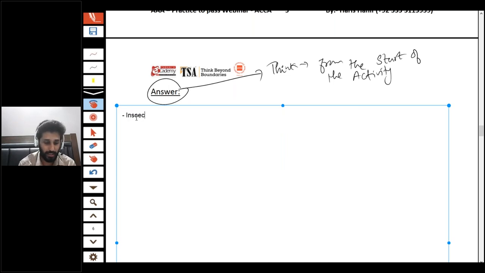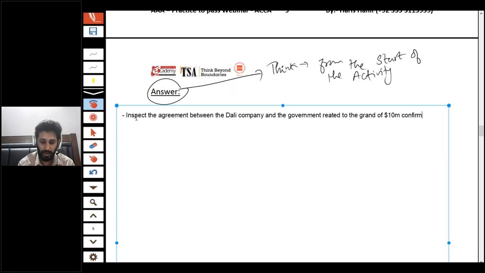So I would be inspecting the agreement between the company and the government related to the grant of $10 million, confirming the amount. You must write the name of the company and the government.